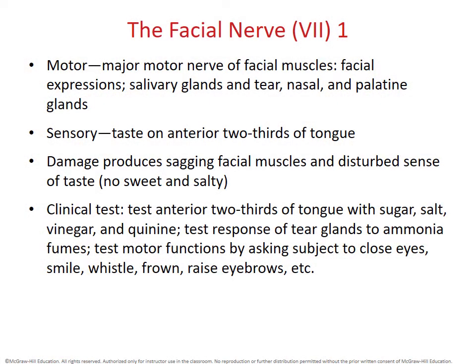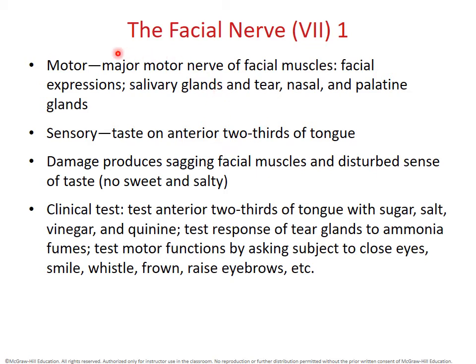The next nerve is the facial nerve. The facial nerve is a truly mixed nerve. I would say it's mostly motor in its function, but it does have at least one significant sensory function as well.